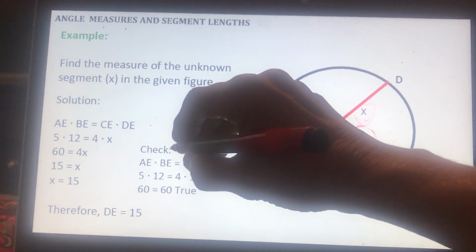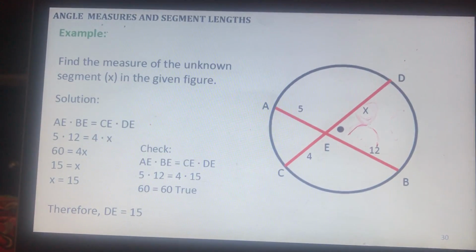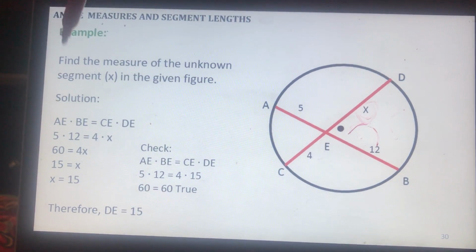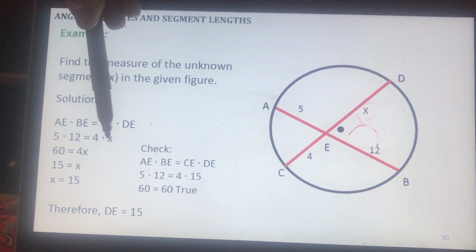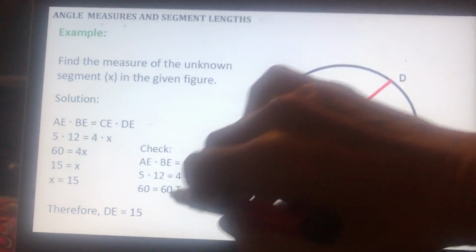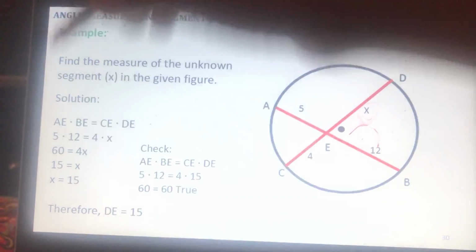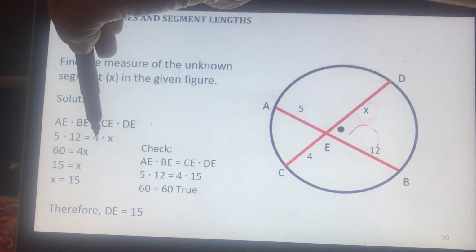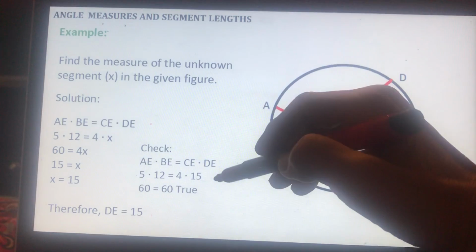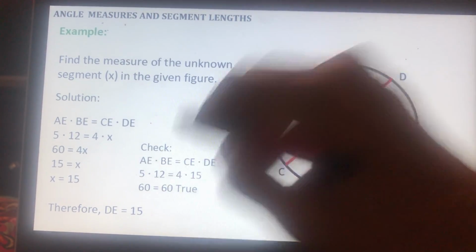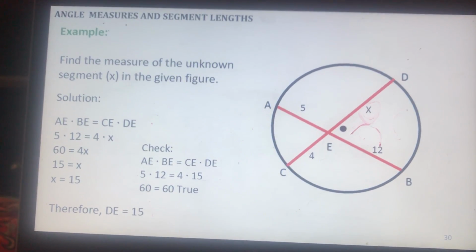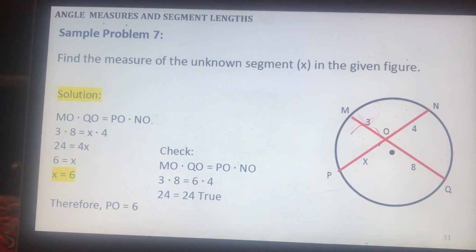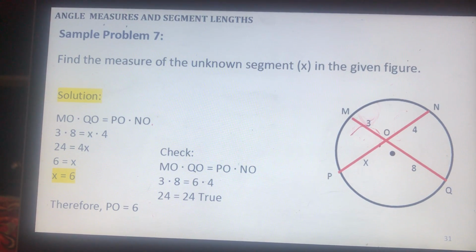Now we have to check if our X value is correct. 5 times 12 is equal to 60, equals 4 times our value of X, which is 15. So 5 times 12 equals 4 times 15. 60 equals 60, and there we get a true statement. So that means that X equals 15. That's your correct answer.